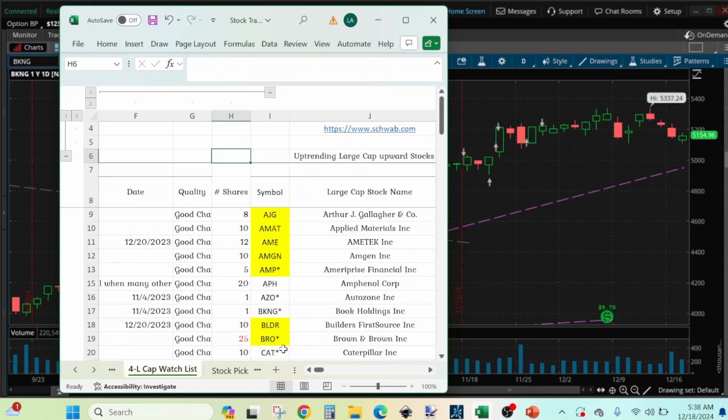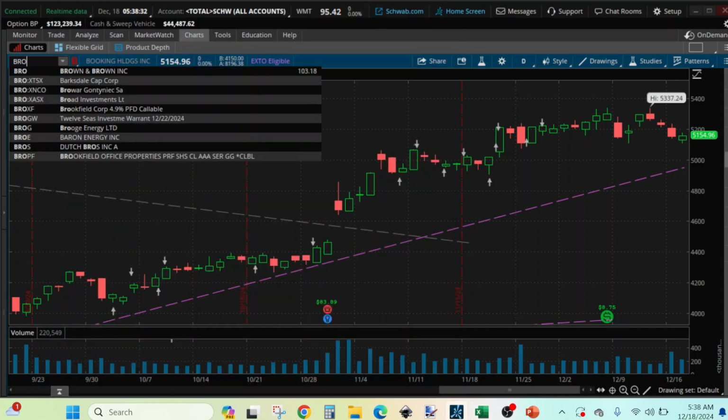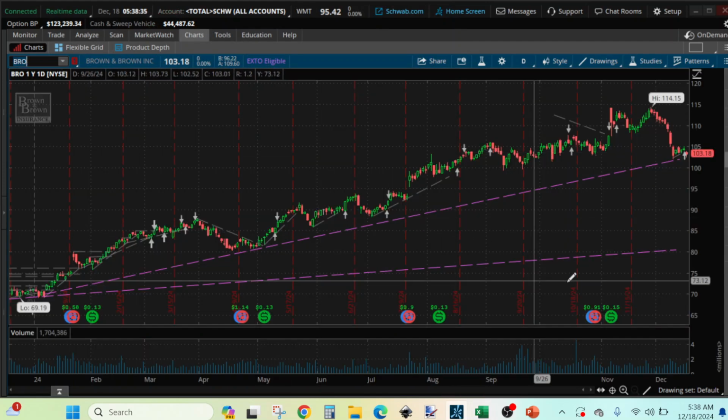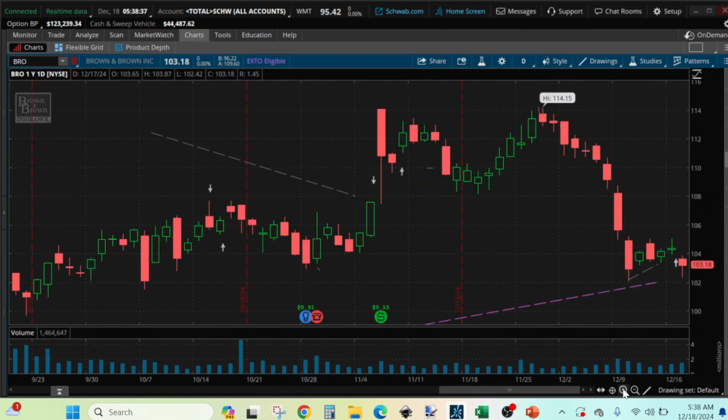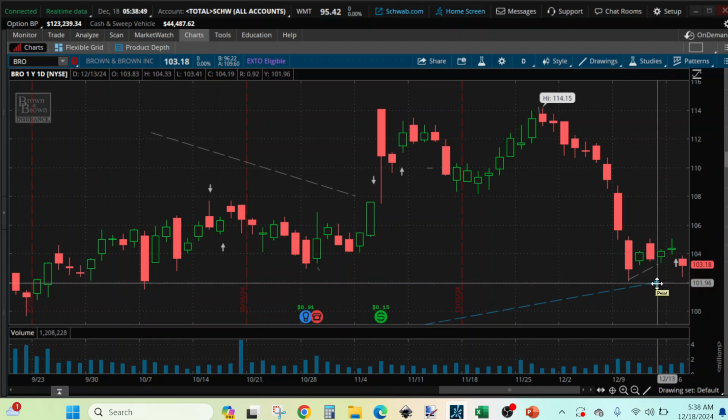The next one is BRO. We already purchased it twice, and yesterday, you see where we purchased it, we have two lows to trace our trend line, a confirmation that it is following the trend line that we buy on.